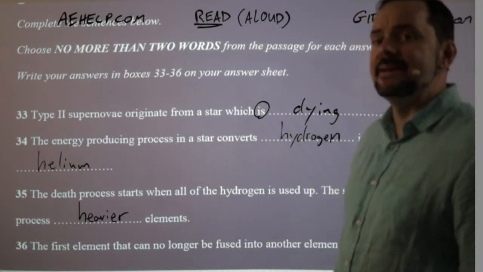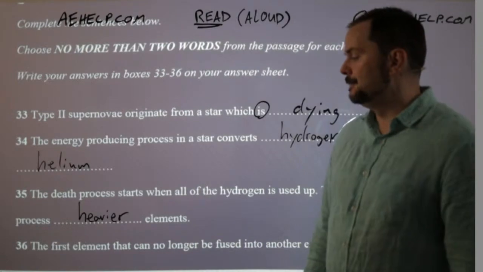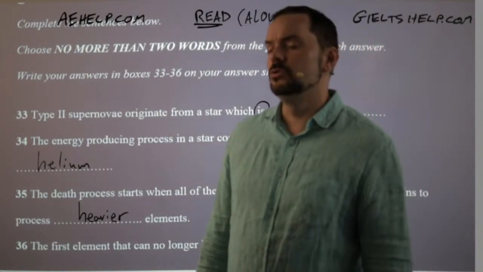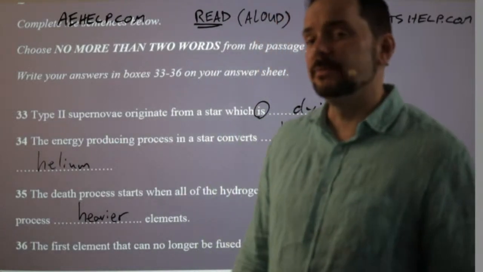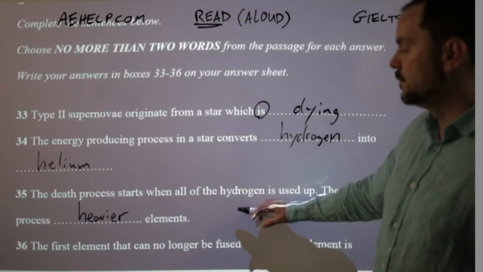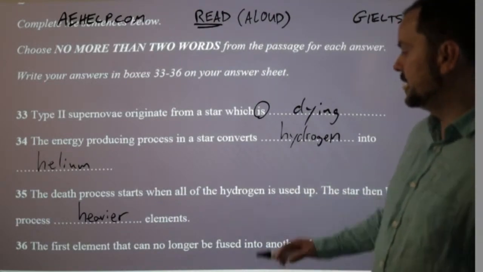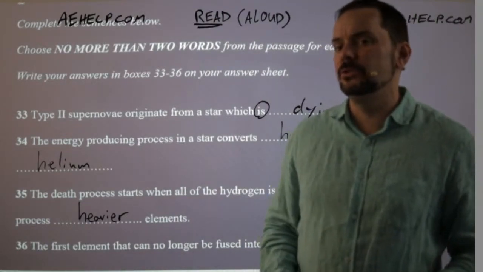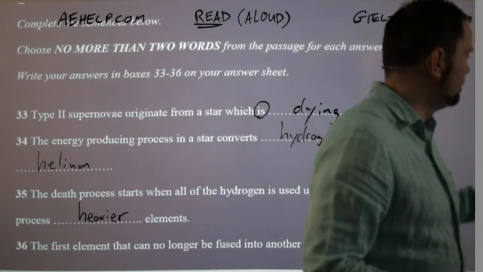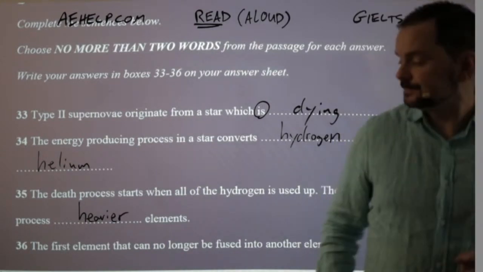If you write heavy elements, you have to be careful with that. Heavy elements are usually like gold and silver, so I would write heavier as a relative. Okay, they might give you the mark for heavy elements, but I think heavier elements is more accurate.